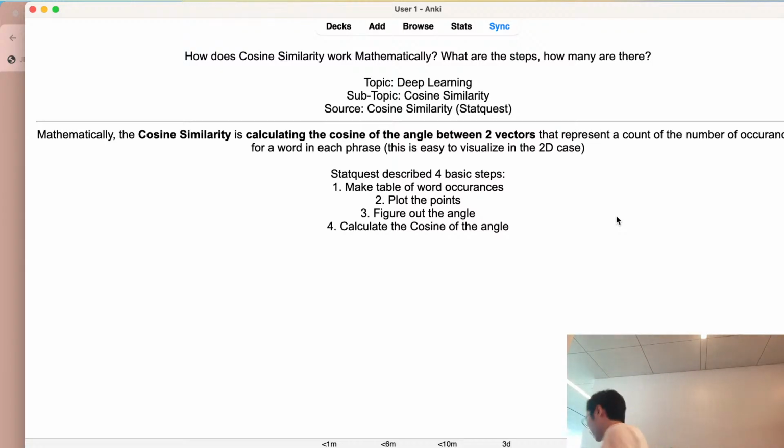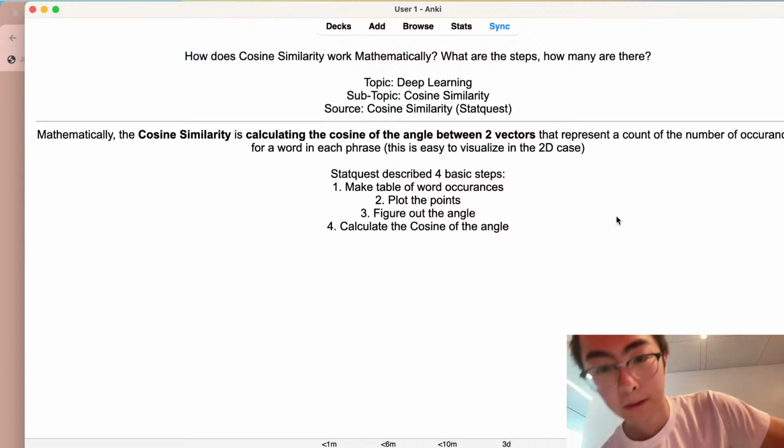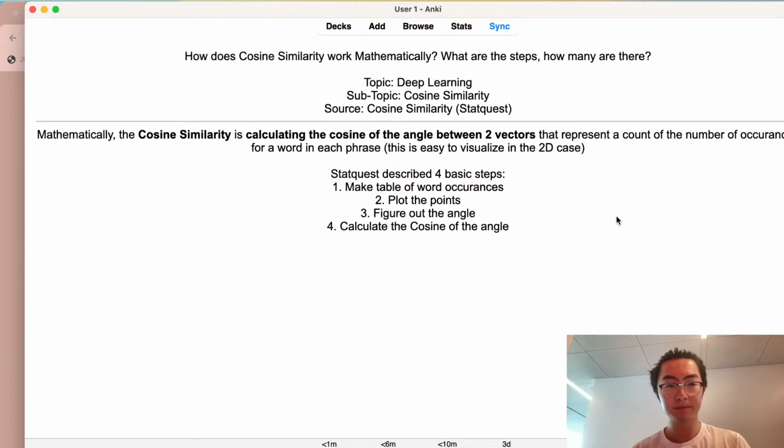Okay. Let me see what I mean by this. So, calculating the cosine of the angle between two vectors that represent a count of the number of occurrences for a word in each phrase.